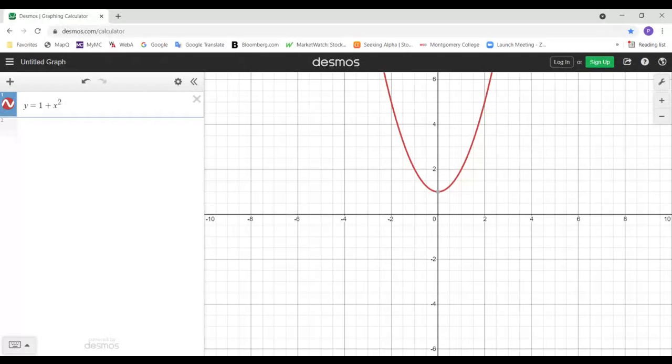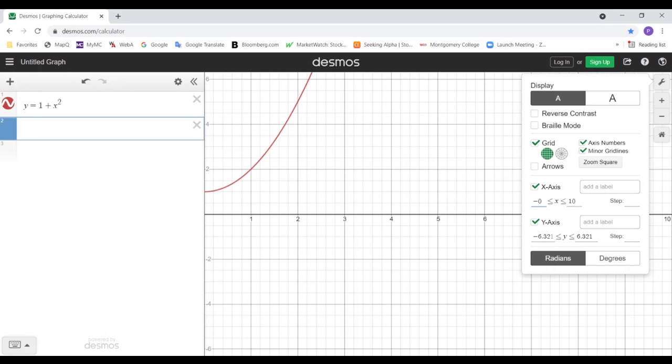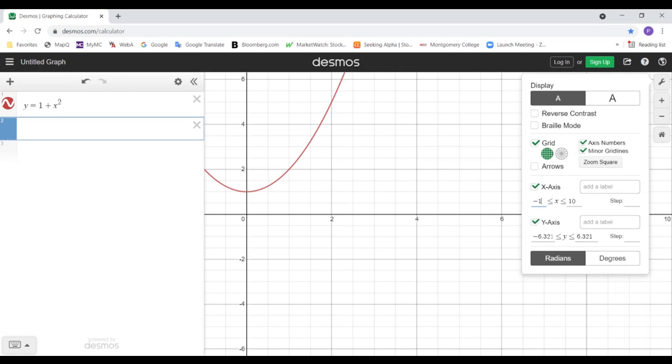Okay, so I typed in 1 plus x squared, but the window I want is from -1 to 2. So I'm going to go to the wrench here, and my x-axis, I'll just make it from -1 to 2.